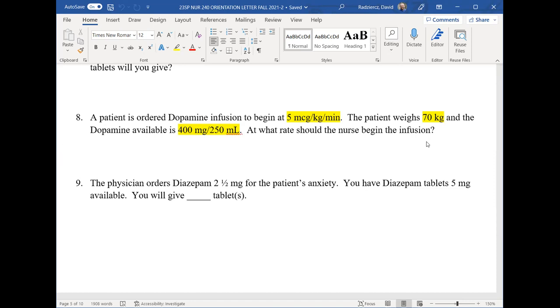Whenever you see patients' weight and then you see an order that's 5 micrograms per kilogram per minute, that's step one. Step one is taking the patient's weight and multiplying it by the order. So 70 times 5 gives you 350 micrograms per minute.